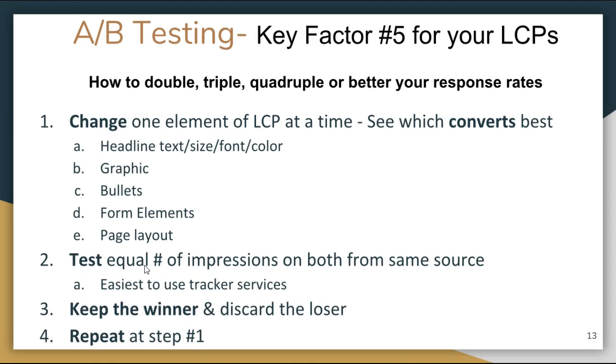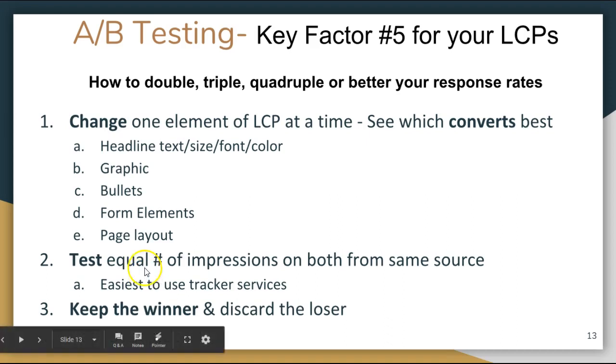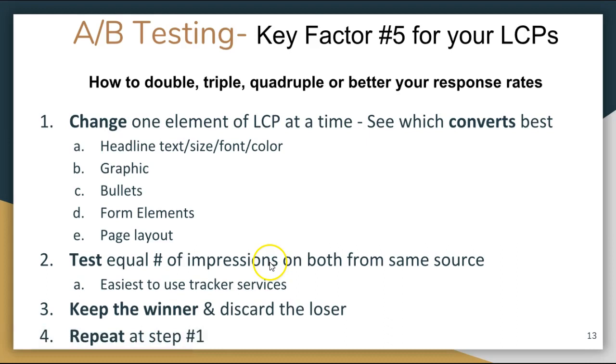It's generally better to only change one element at a time. So if you change the headline between version A and version B, then don't change the graphic, the bullets, the form elements, and the page layout, right? Keep everything else the same, just change the headline in version B. And then you send an equal number of traffic or impressions from the same source, or at least a similar source, and use a tracker to see which one converts the best.